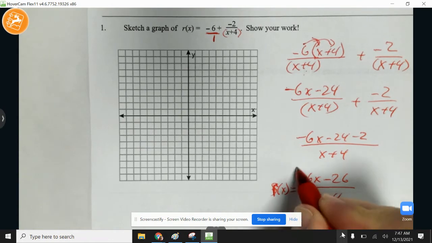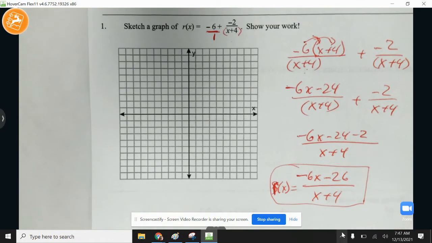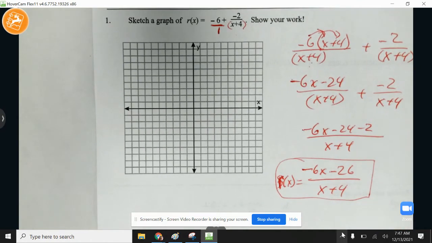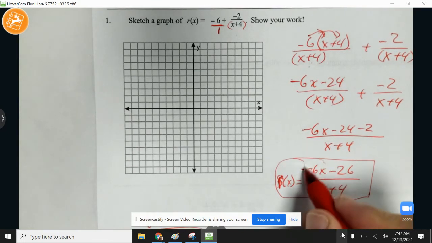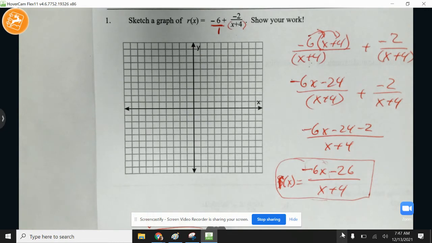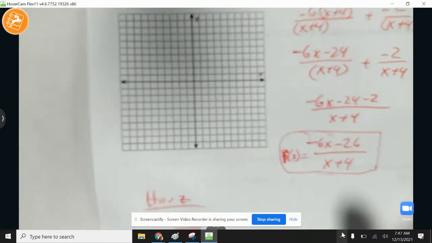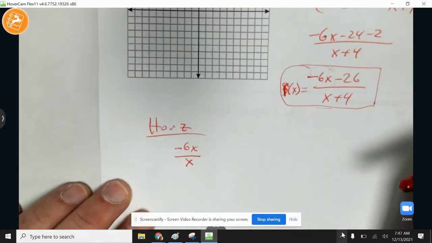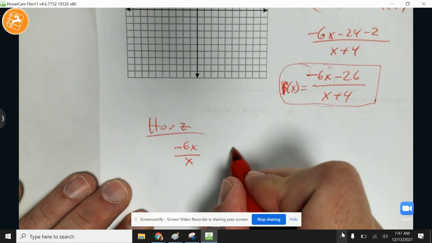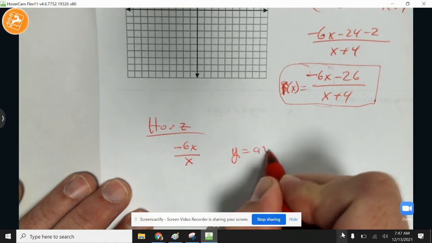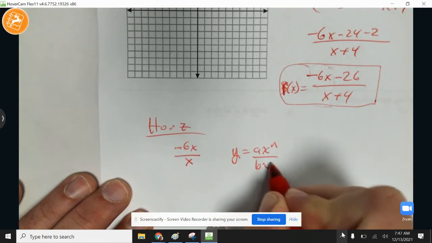Okay, so for my horizontal asymptote, from my notes, I'm looking at these first two right here. So I'm looking at minus 6x over x. And remember, my condition here that I'm looking for is what does y equal, ax to the n over bx to the m.